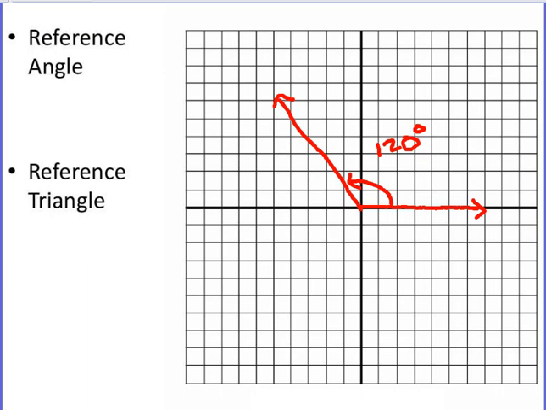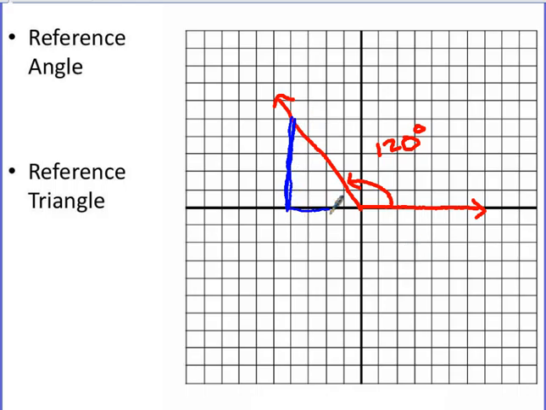Then our last two terms are reference angles and reference triangles. Here I have a 120-degree angle. To form a reference triangle, I'm always going to go from the terminal side straight down to the x-axis. Always straight down to the x-axis.